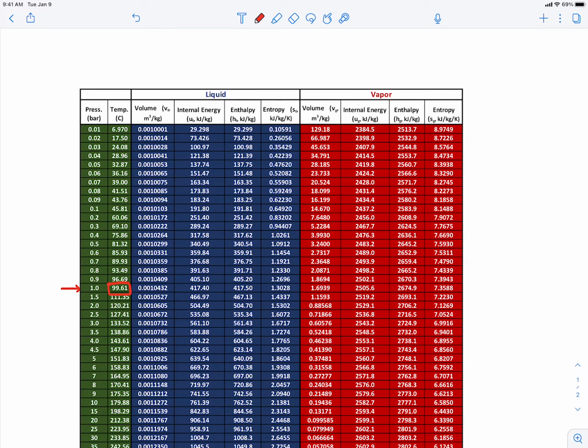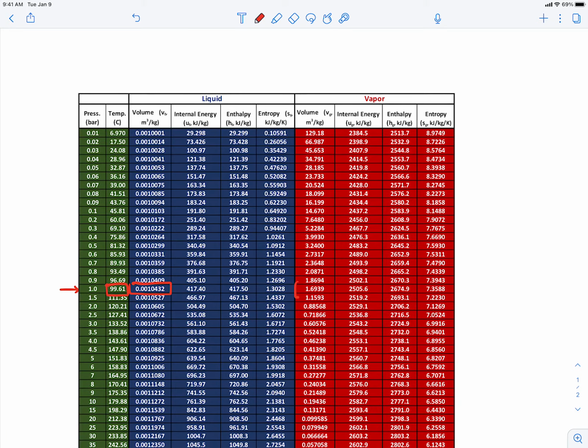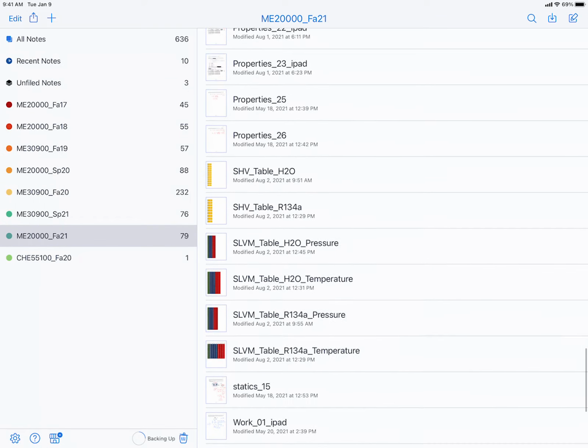which it is. So the specific volume for the saturated liquid is given right there, 0.00101432, and the specific volume for the saturated vapor state is right there. That's 1.6939. So we'll remember those numbers. Go back to our original problem.